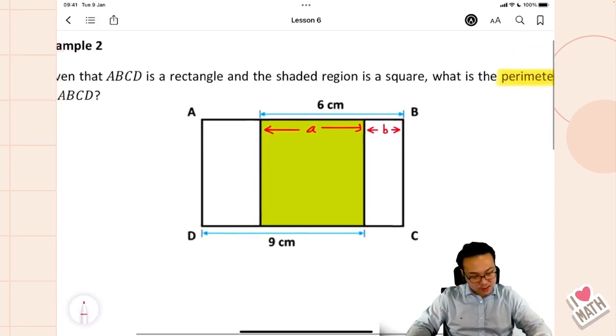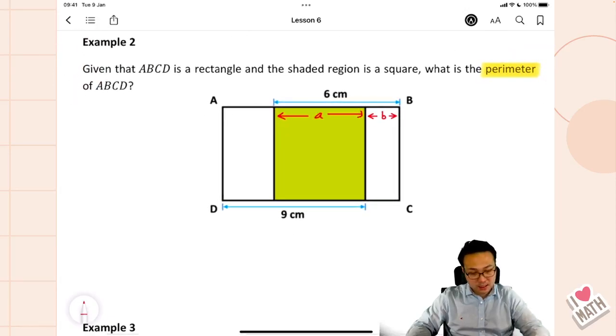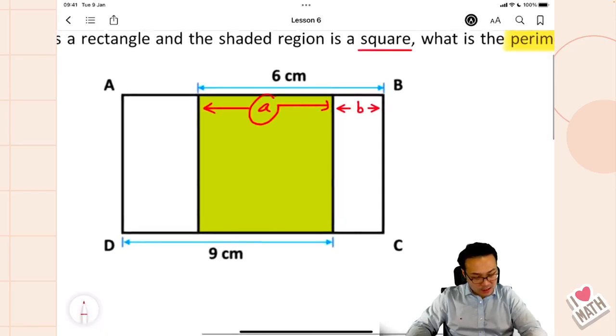Now, something that the question has told us, this is a square. So if the shaded part is a square, that means this side and this side and this side and this side must be the same. The square has equal sides. So if this is A, that means this side must also be A, yeah?